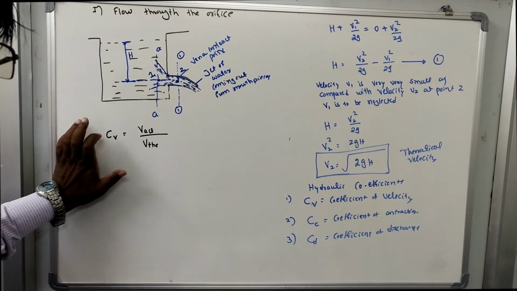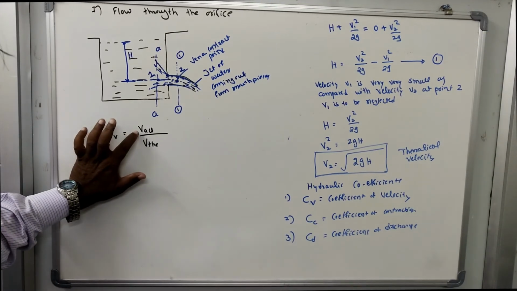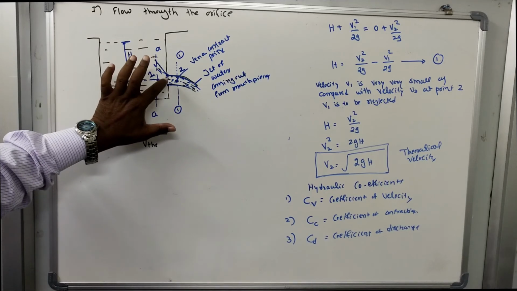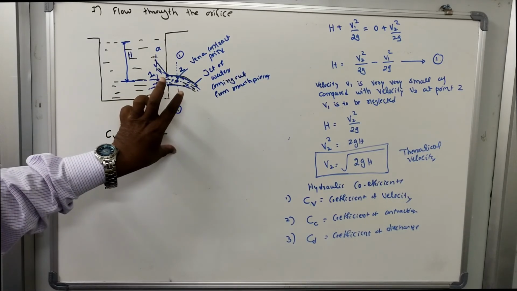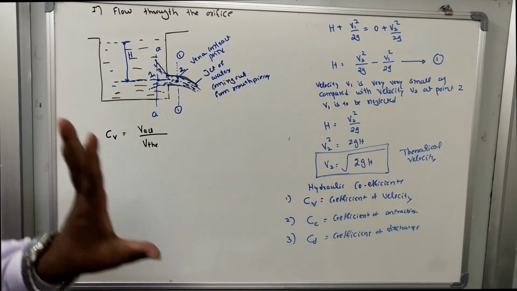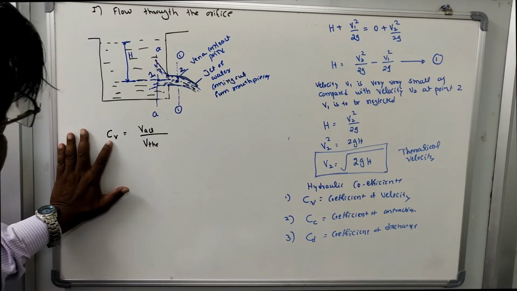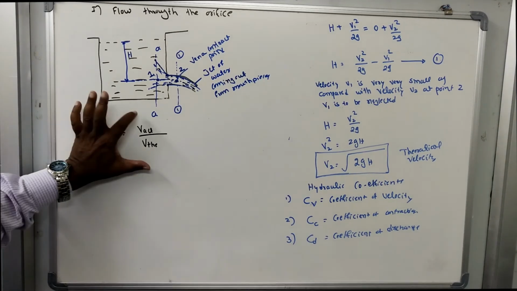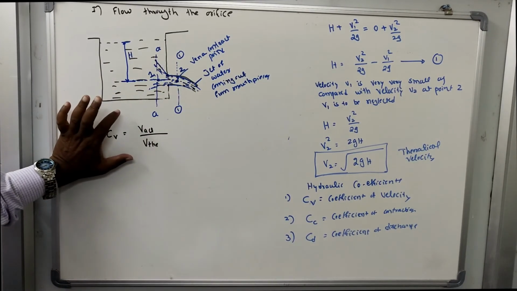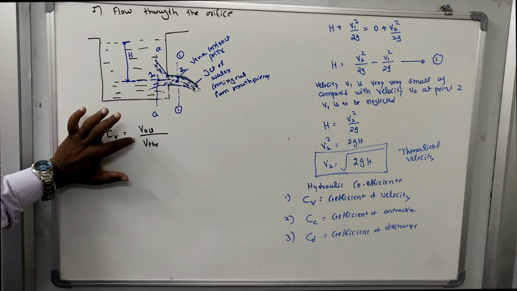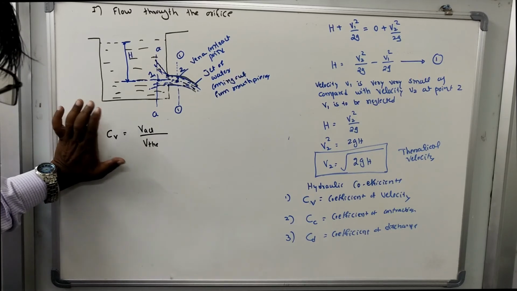The coefficient of velocity CV is defined as the actual velocity of the jet which is coming out from the orifice divided by the theoretical velocity of fluid coming out from the tank through the orifice.